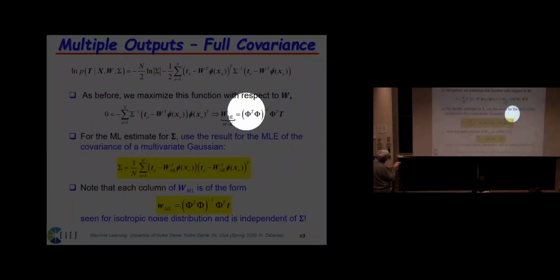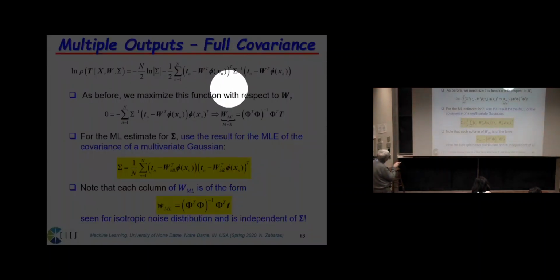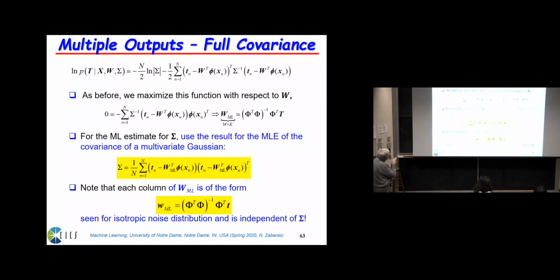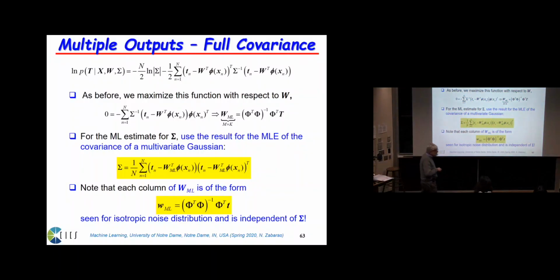Of course now you have to compute an MLE estimate for sigma, and that MLE estimate for sigma is given by this nice formula that is actually nothing else but the empirical covariance. You don't have to do any calculations to compute sigma, because if you look at this equation, this looks to me like the log of a multivariate Gaussian.